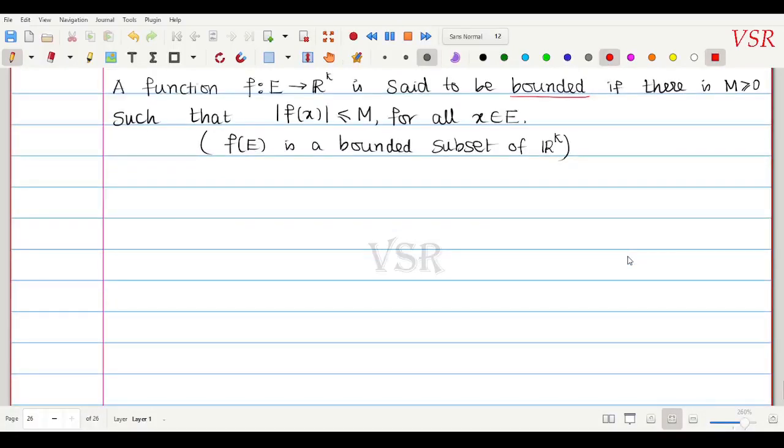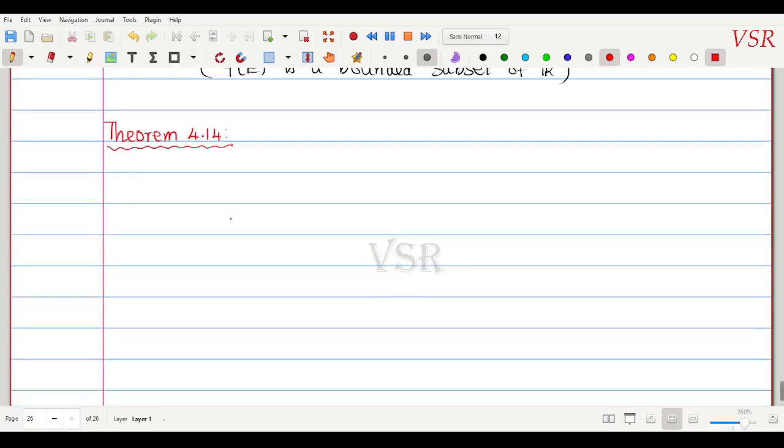So theorem 4.14. ஸ்டேட்மெண்ட் எழுதுமா. Let capital X be a compact metric space and f from X to r power k. இன்னொரு space set கூட கொடுத்துடலாம்.